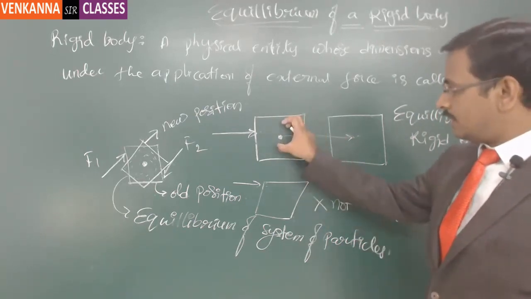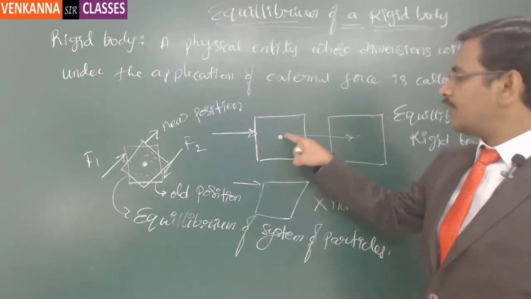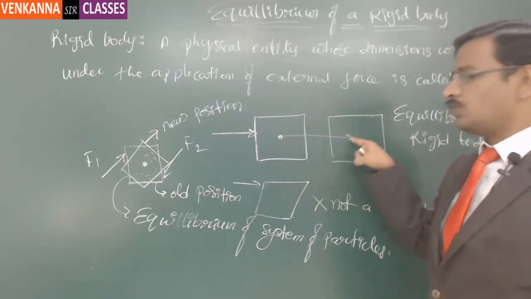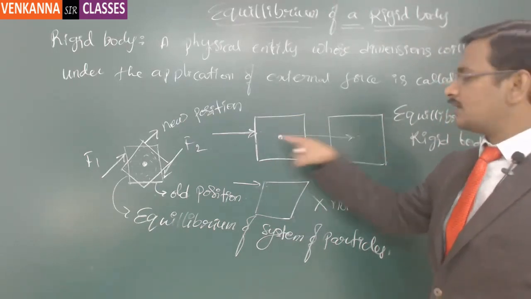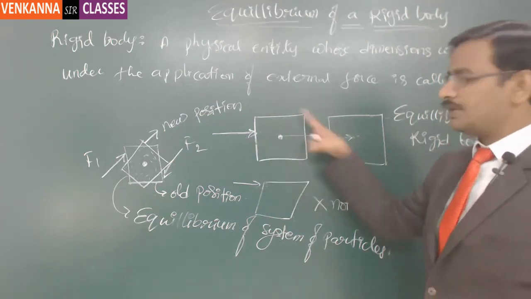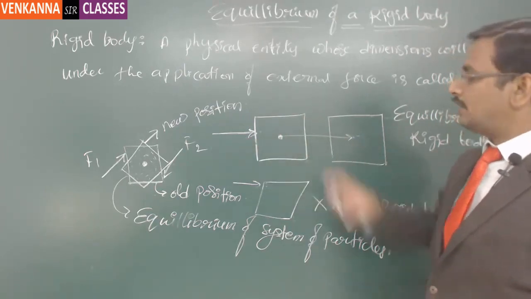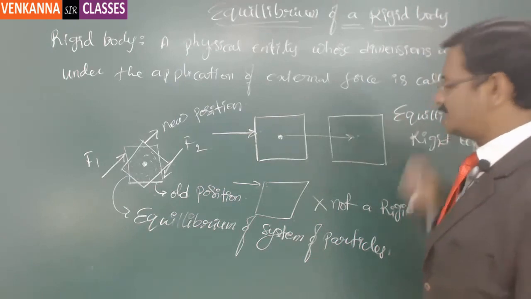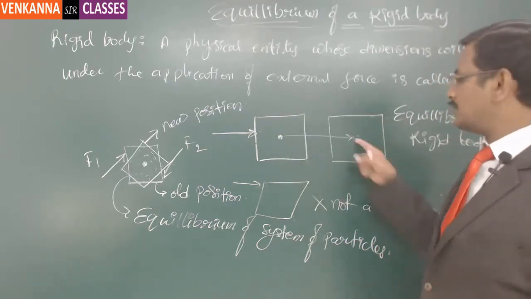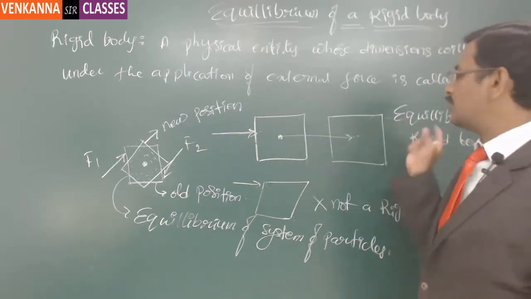So this entire mass is located at this location, and this mass is moving from here to here under the application of this force. Assuming that this entire body is treated as a rigid body, the entire body is moved to this particular point. So here we will treat this as a rigid body and try to analyze it.